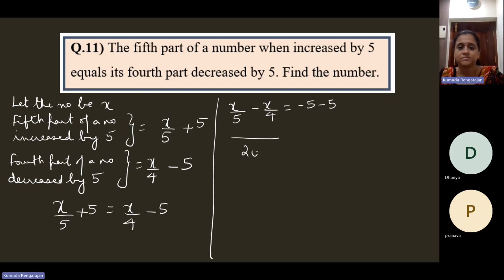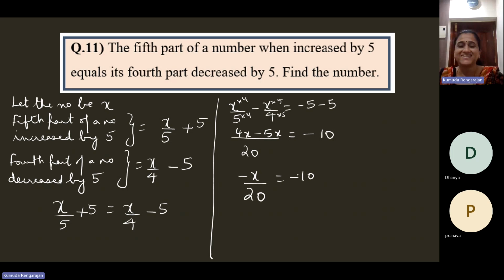LCM 20. 20 into 4x, 4 into 5, 5 into 5. So 4x minus 5x is equal to minus 5 minus 5, minus 10. So 4x minus 5x is minus x by 20 is equal to minus 10.